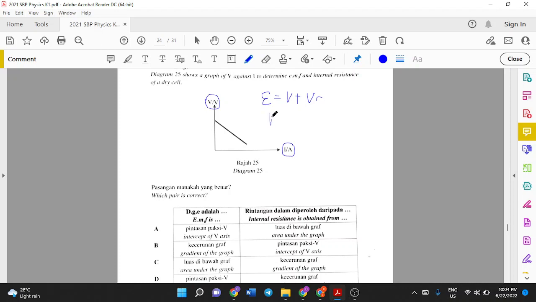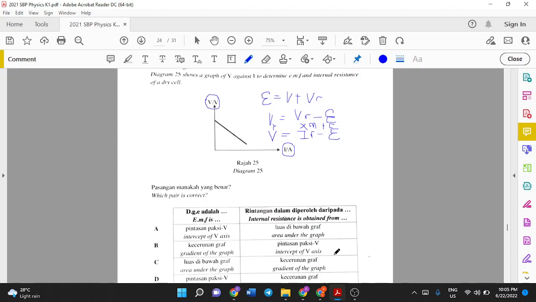So you just move terms around, and it becomes V equals negative r times I plus E, that is, V equals minus Ir plus your electromotive force. From here you can observe that this V is your y, this negative r is your m, this I is your x, and the electromotive force is your intercept.